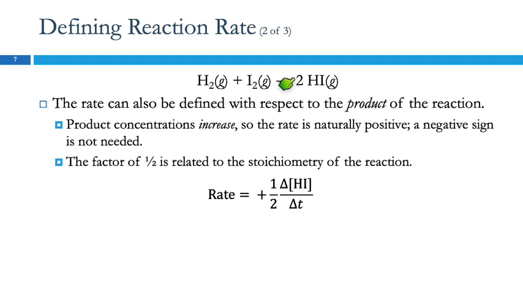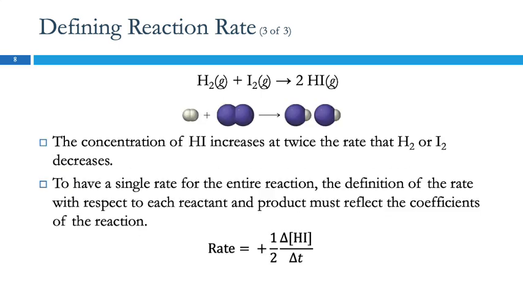So this coefficient of 2 becomes a 1/2. When we have one molecule of H2, we're going to get two molecules of HI that form. So we'll get twice as much of this in a given amount of time as this is decreasing. And so that's why we have to take this change and divide by 2.